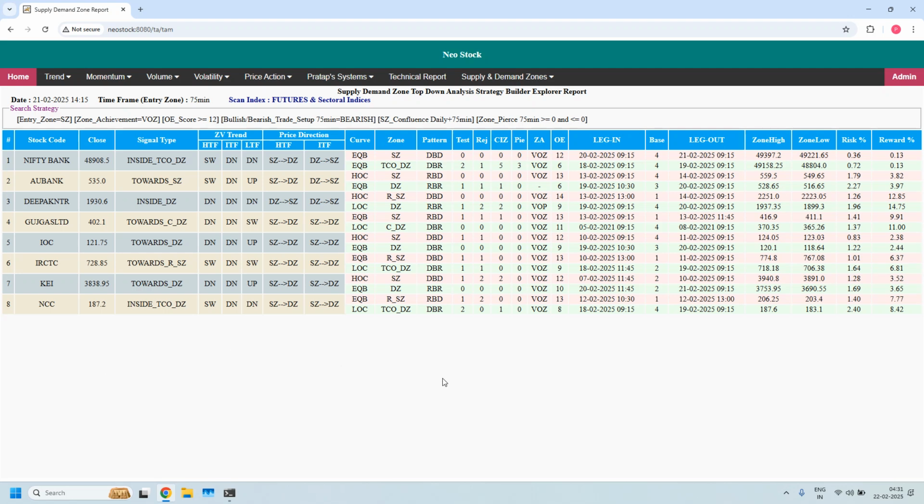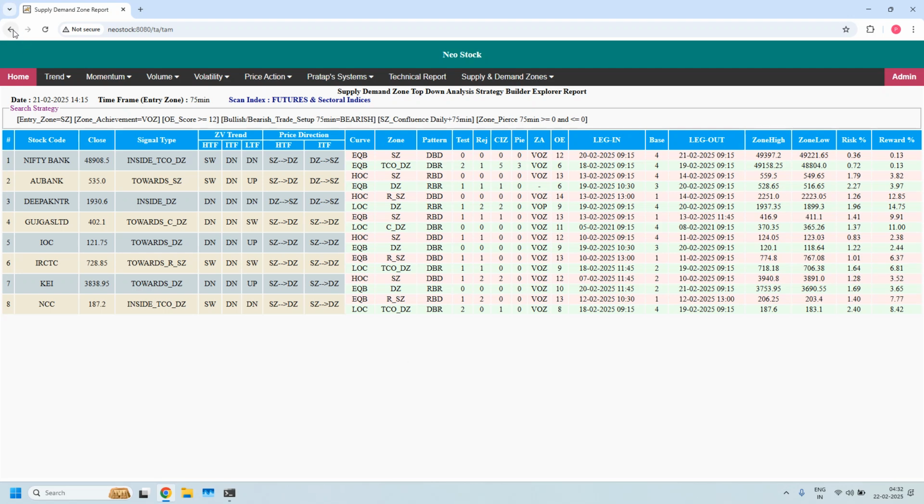That means in all these 8 stocks, these 75 minute supply zones are overlapped with daily supply zone, and daily trend is down in all these stocks, ITF trend, because 75 is overlapped with daily. And if the daily supply zone is having daily EMA confluence, then these 75 minute supply zones are having even more high probability to get the success.